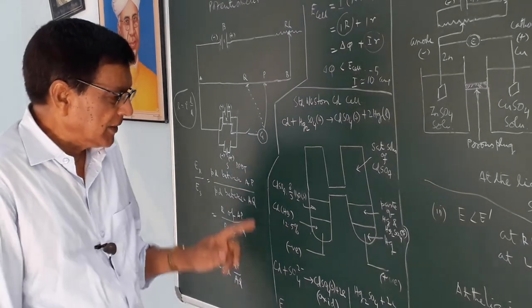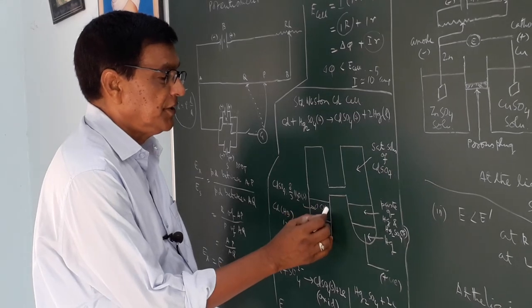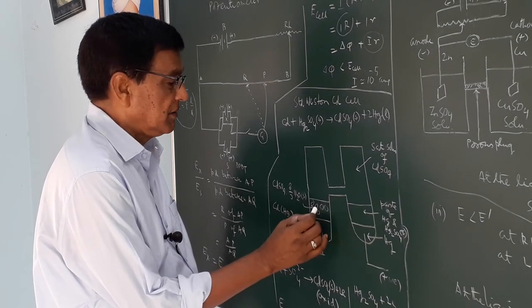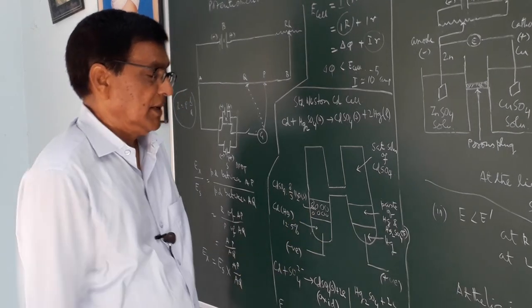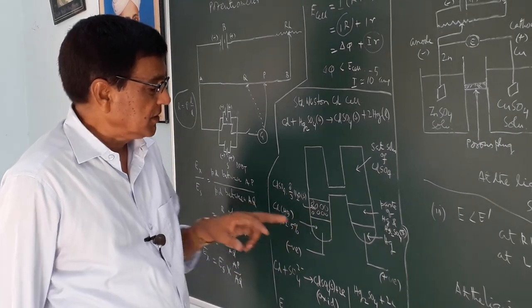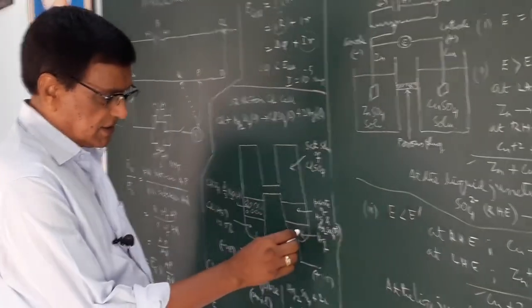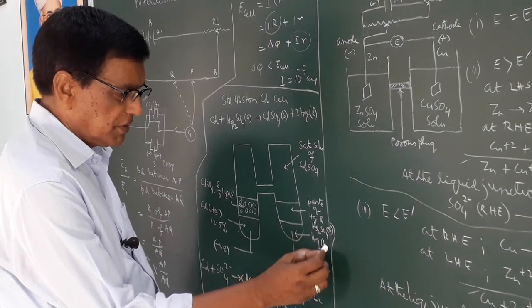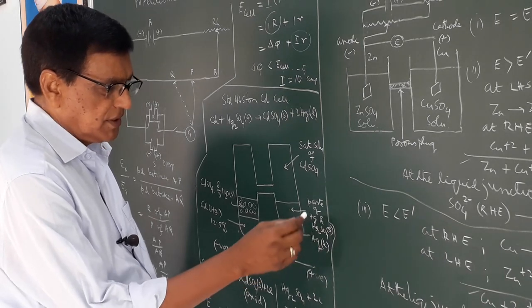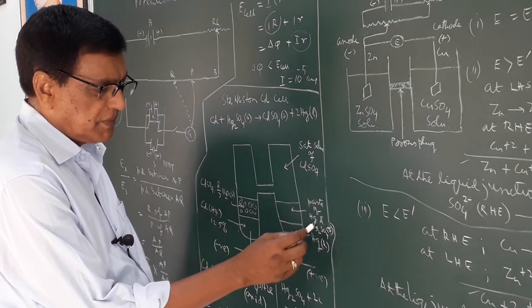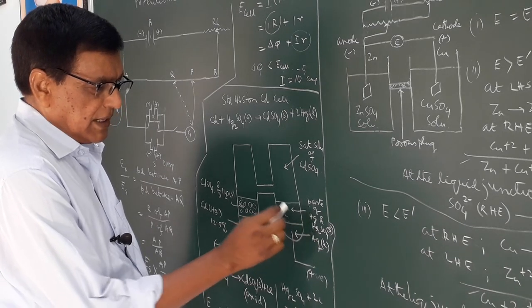Some cadmium sulphate crystals, cadmium sulphate 8/3 water solid, are kept above this cadmium amalgam. In the right hand side limb, liquid mercury is placed, and above this is kept a paste of mercury and mercurous sulphate.